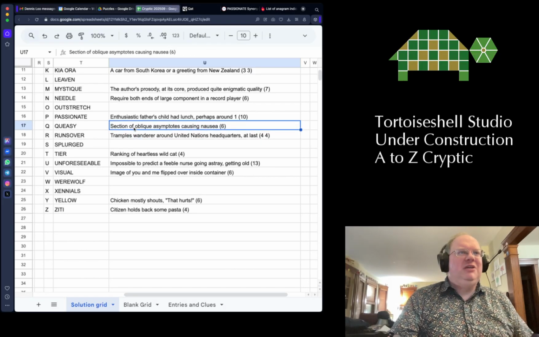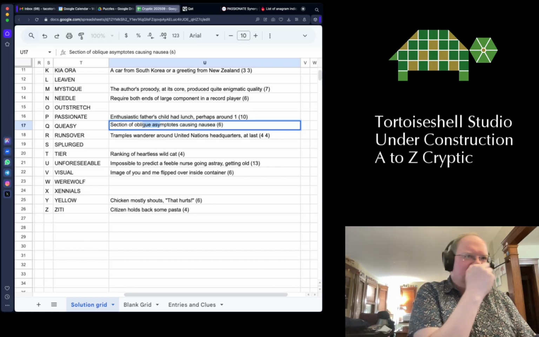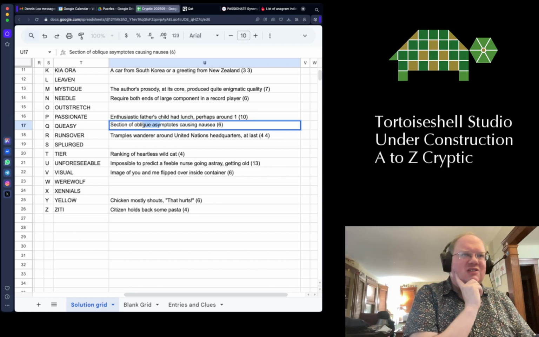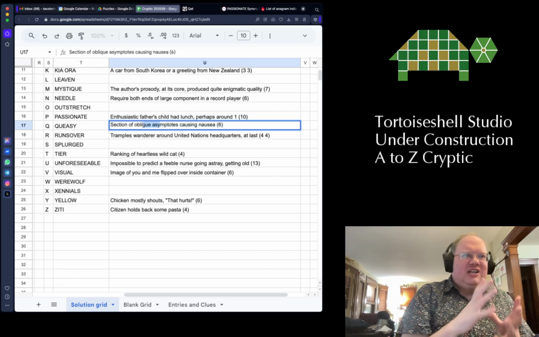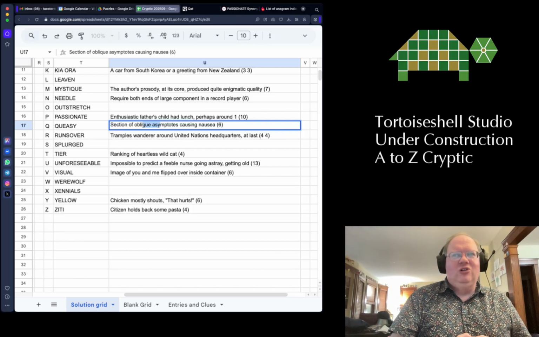This one annoys me because, having taught Algebra 2, we have a section on oblique asymptotes, but section on is not the right indicator for taking the QUEASY out of Queasy, just because I can more easily imagine my lesson on oblique asymptotes making someone sick than actual.